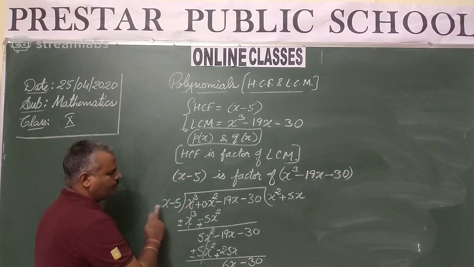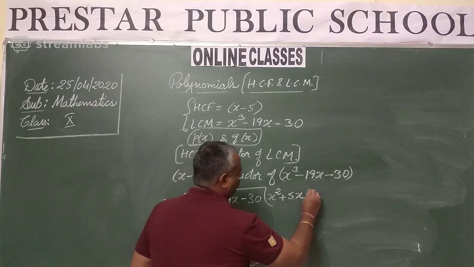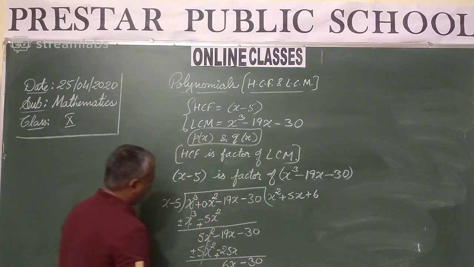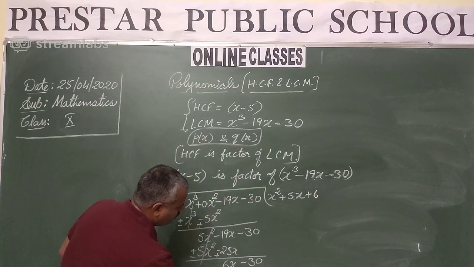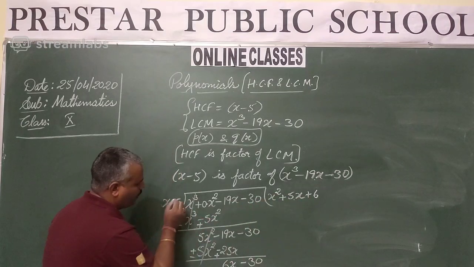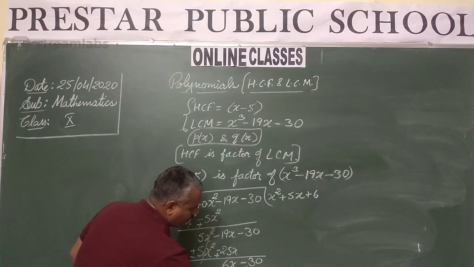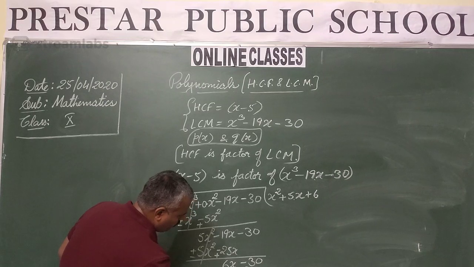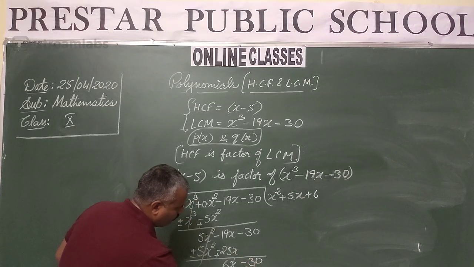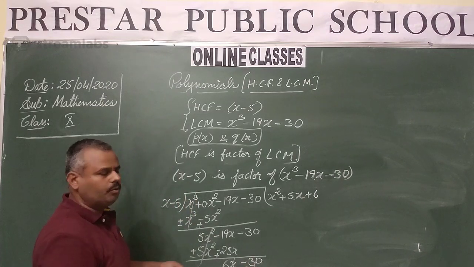Now we have to divide these two, where we get the third term of the quotient as plus 6. 6 times x gives you 6x. Then 6 multiplied by minus 5 gives you minus 30. Changing the signs, you get the remainder as 0.